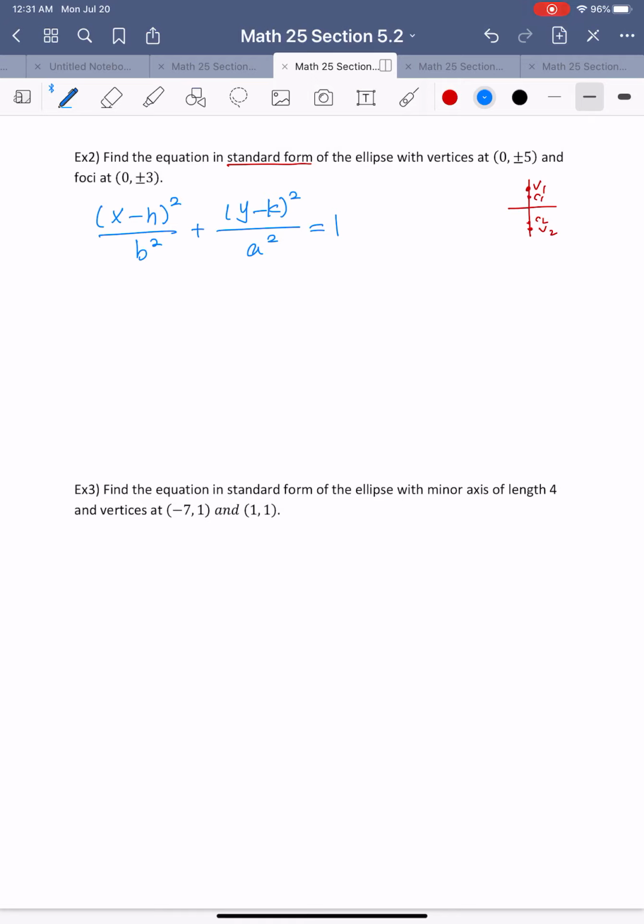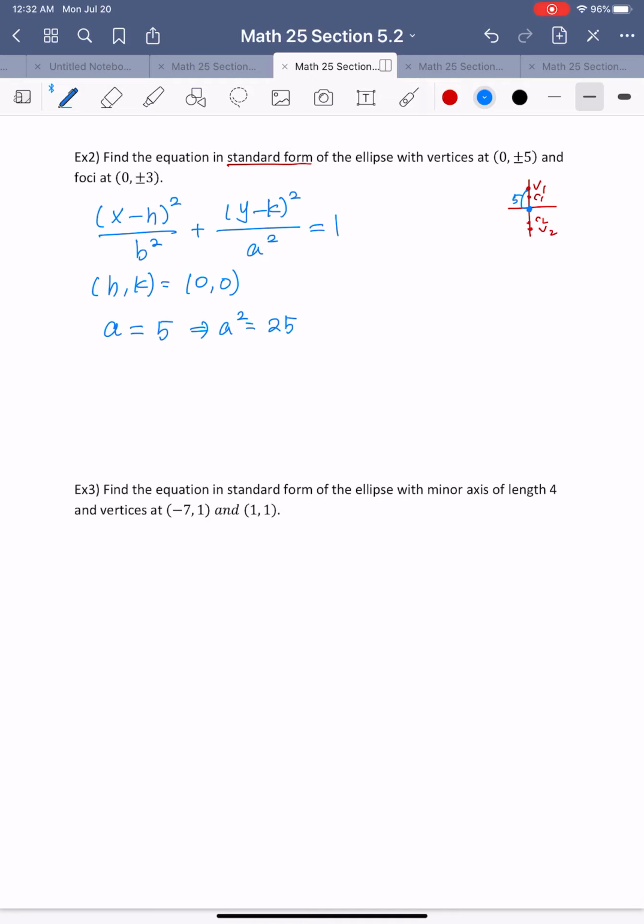And then the center is always the midpoint between the two vertices and two foci. So as you noticed, the center is at 0, 0. So h and k is 0, 0. And then a is actually the distance from the center to the vertex, which is 5. So a is 5, which means a squared is 25, okay? And also we have the foci instead of the co-vertices.